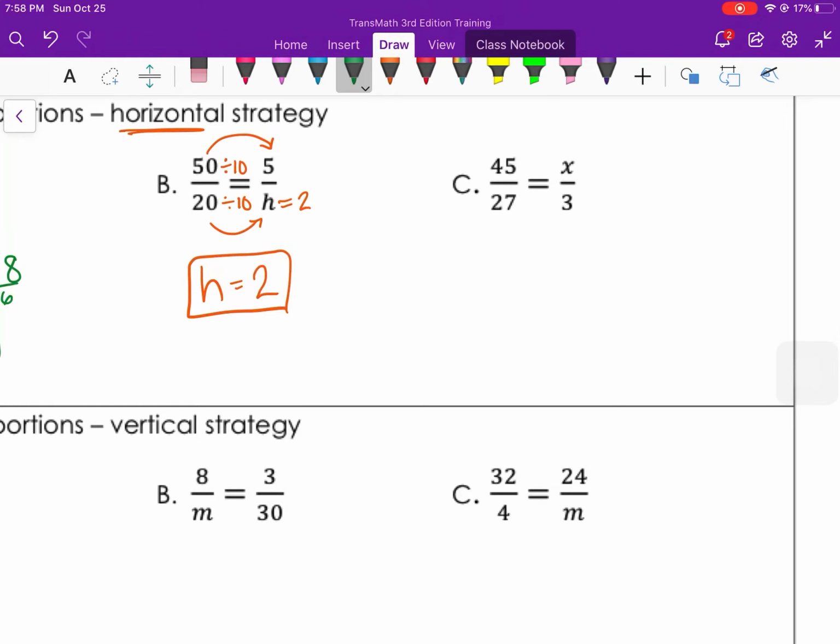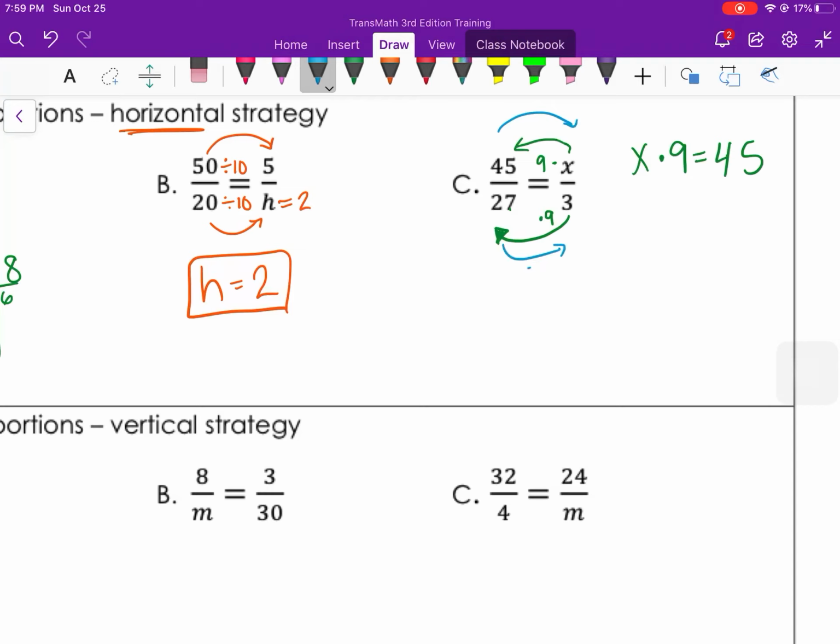Here I'm going from large to small, so it's division again. Or I can think of it as multiplication if I go from right to left. So 3 times 9 is 27. So x times 9 has to be 45. Or you can think of it as division. 45 divided by 9 is x.